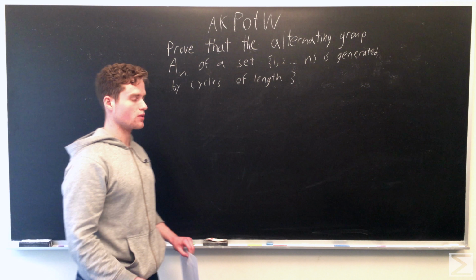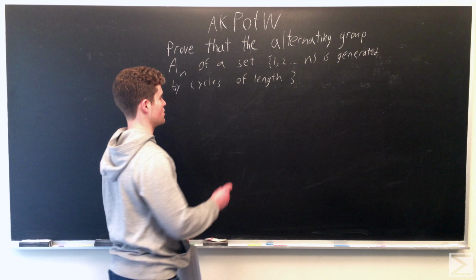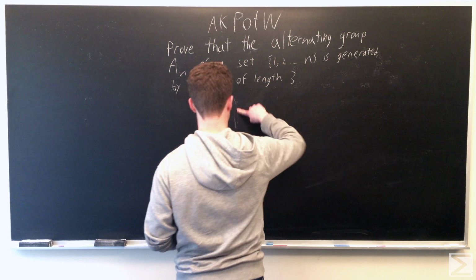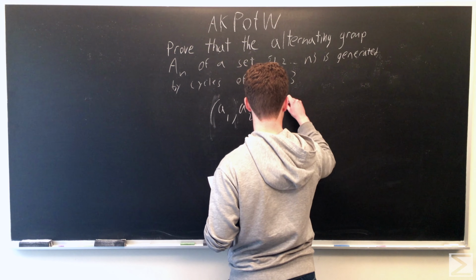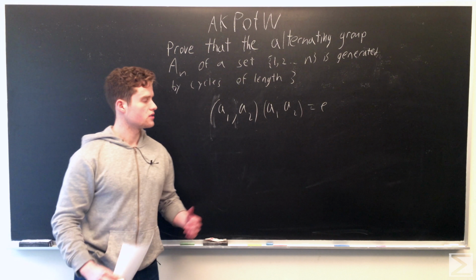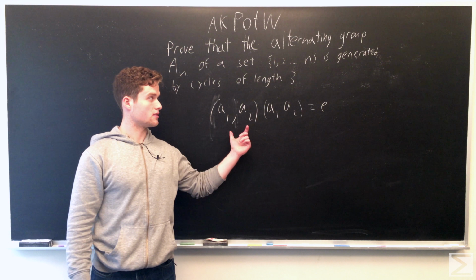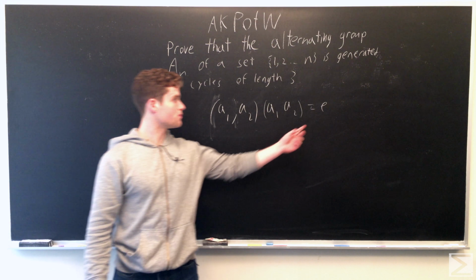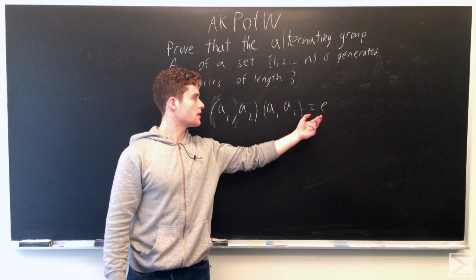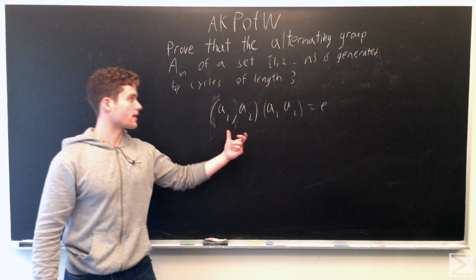The first case we can consider is when the two transpositions are equal to each other. So these two transpose the same two elements, A1 and A2. They both do the same thing, so their product is equal to our unit element E. It won't affect our group.